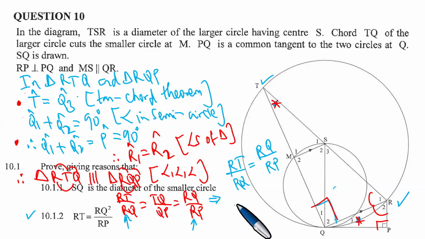Upon careful examination, we cross multiply, getting RT is RQ squared divided by RP. Okay, good. And then we have been able to prove this. Any questions here or anything you would like to understand pertaining to this question on similarity and proportionality? No, sir, thank you, sir. Okay, good. We move on to the next one.